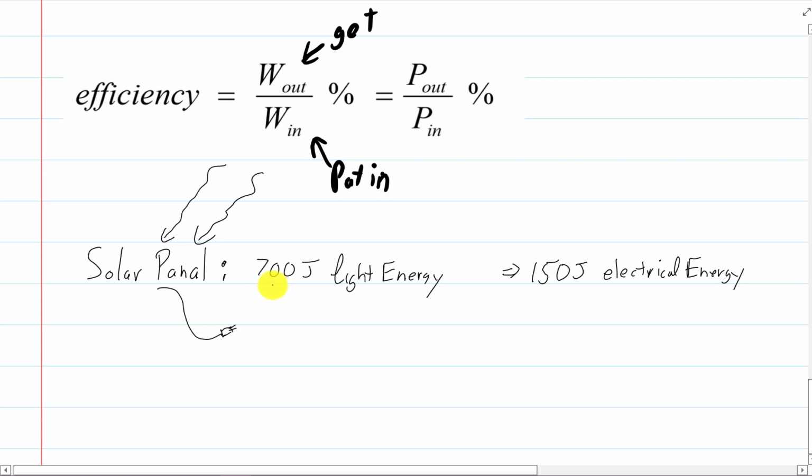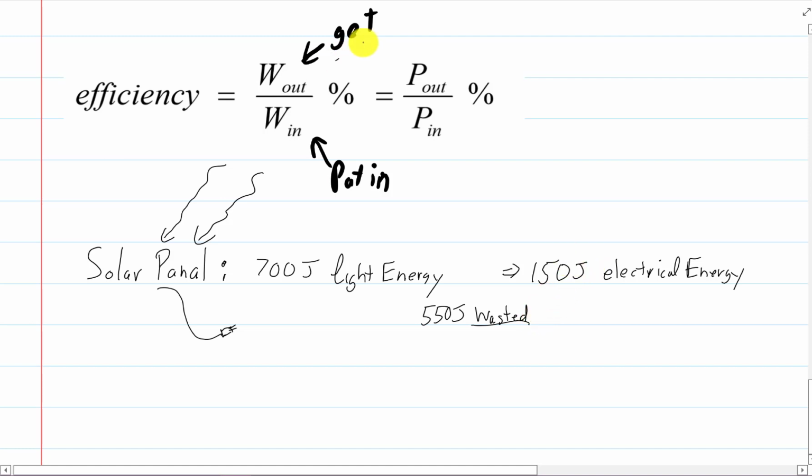Well, if you take a look at it, how much is wasted? If we took 700 and only got 150 out, we can easily see that 550 joules is wasted. Okay, it's not converting it to electrical energy. This could be heat coming off of it. It could be the resistance in the wires. It could be lots of different things.